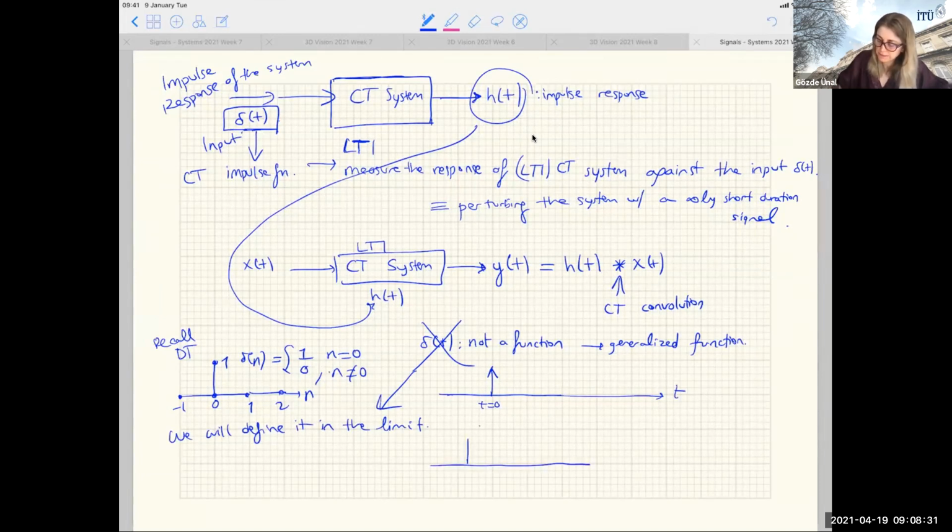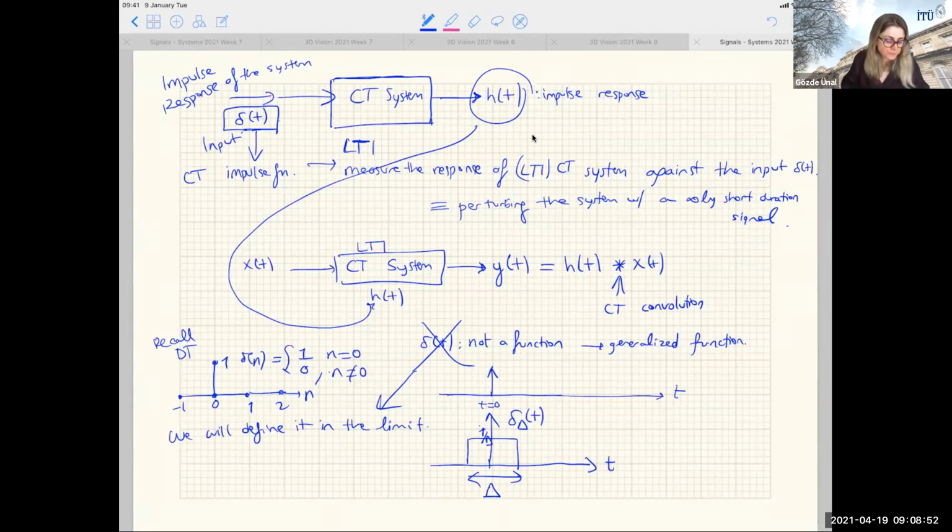For instance, let's say it's delta sub delta of t, because it has a width delta. It's still a continuous function. Delta sub delta of t is equal to 1 over delta, and its area underneath is 1.